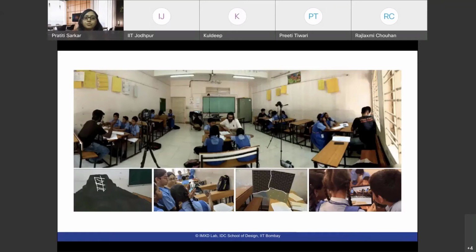So broadly, this was the setup in which we were able to conduct the study with 12 students in a semi-urban school. As you can see, we had different groups, and each group had one researcher observing the entire process. We also placed three cameras in different corners of the room to capture the entire process.